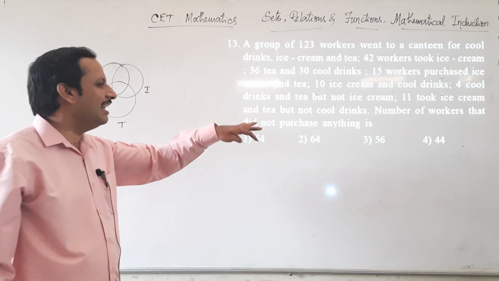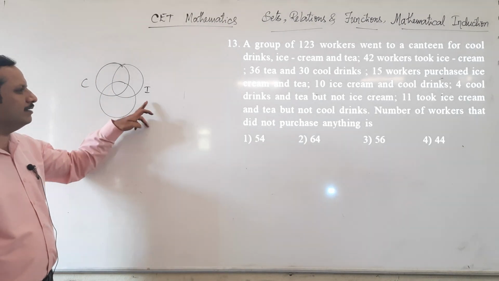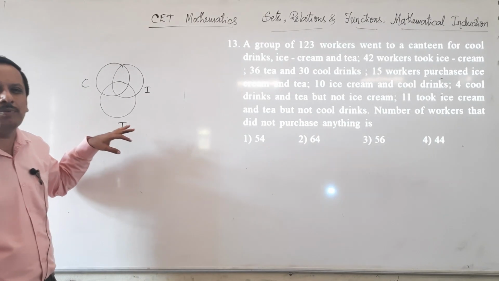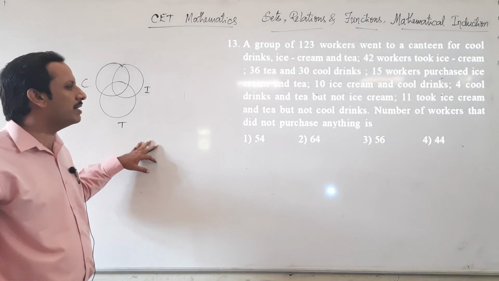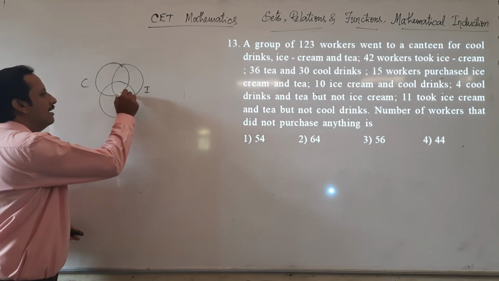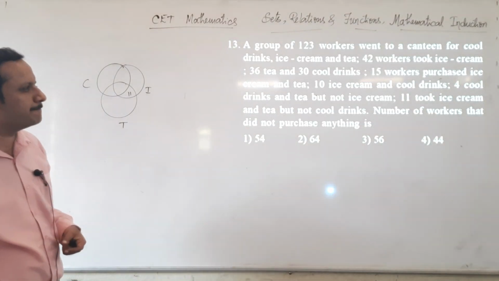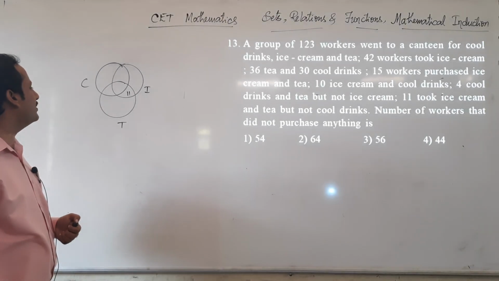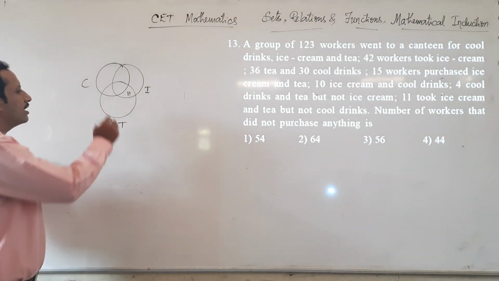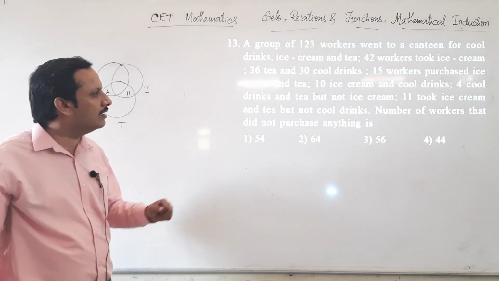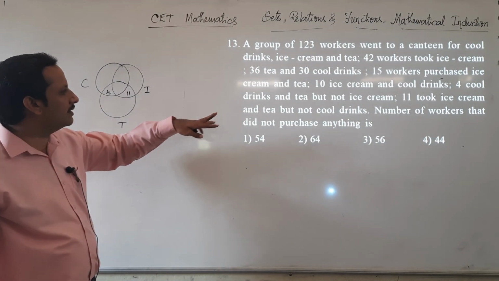Okay, anyway, there are 11 workers who purchased ice cream and tea but not cold drinks. So 11 here. Then 4 purchased cold drinks and tea but not ice cream. So 4 here.